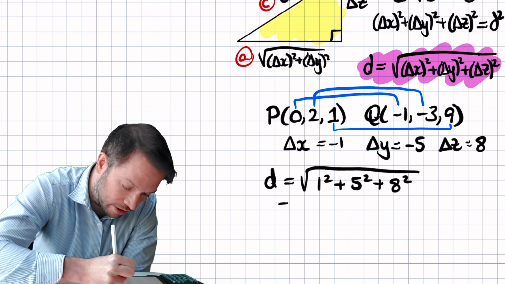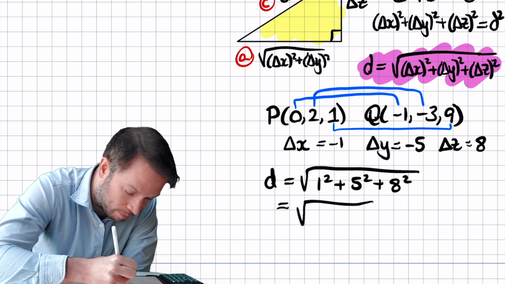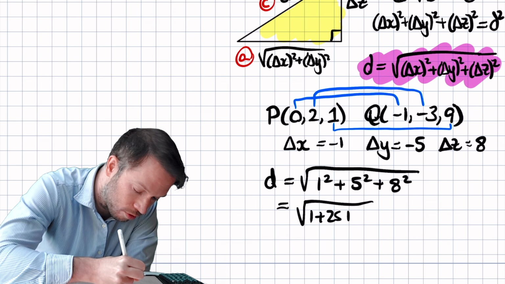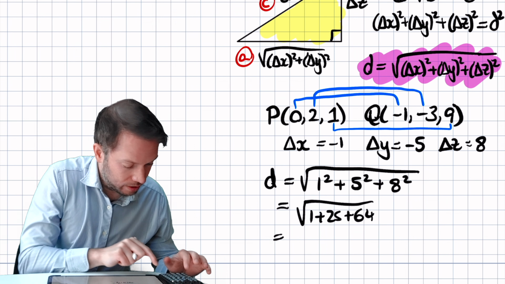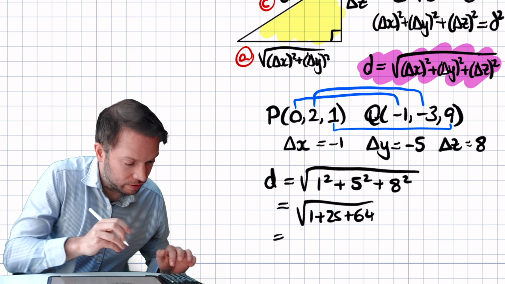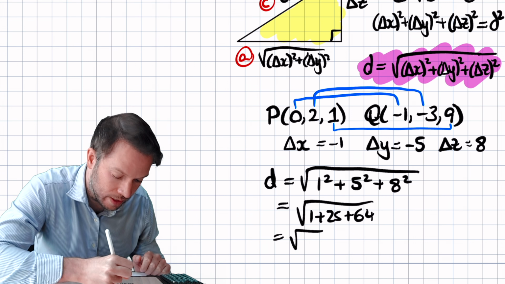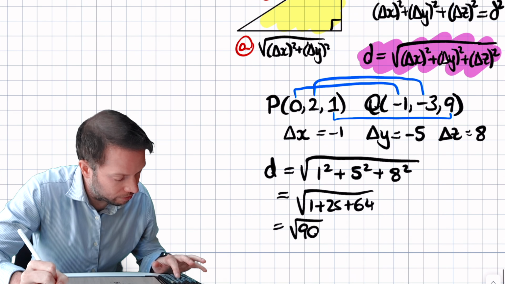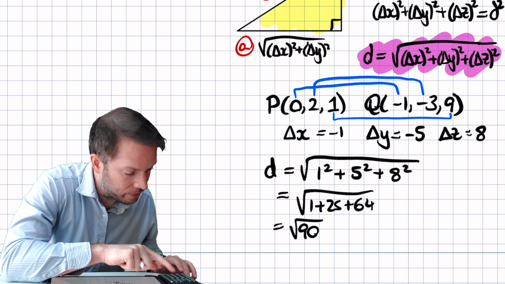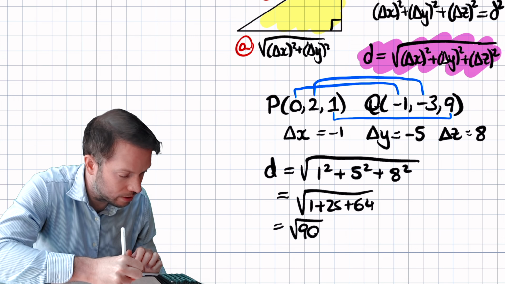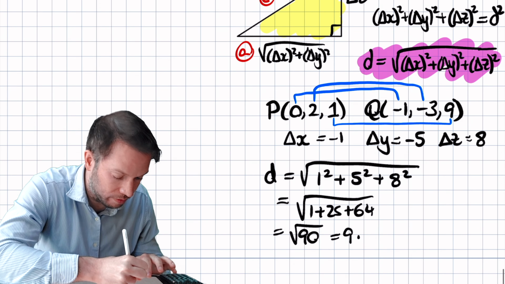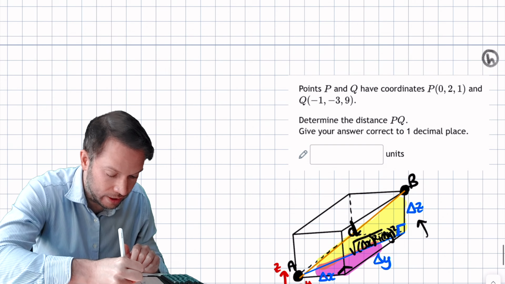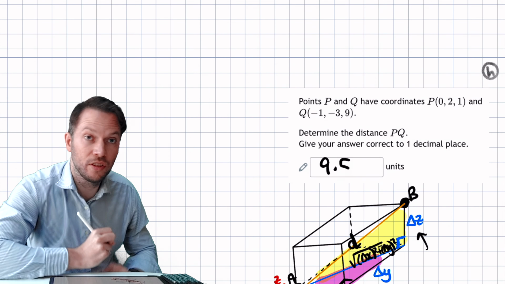And then on my calculator, that's 1 plus 25 plus 64. That's 26 plus 64 is 90. So it's root 90. And it wants it to 1 decimal place. So square root of 90 as a decimal is 9.5 to 1 decimal place. So the answer is it's 9.5 units to 1 decimal place.